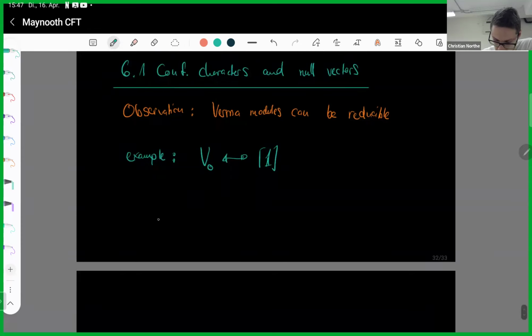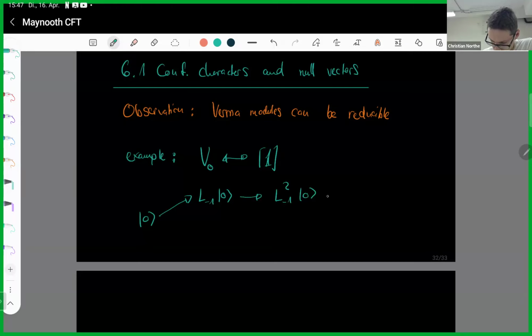Okay, and so let's just run the same game that we did yesterday. We construct descendants. We construct the Verma module. Here we keep going. Then there is L minus 2.